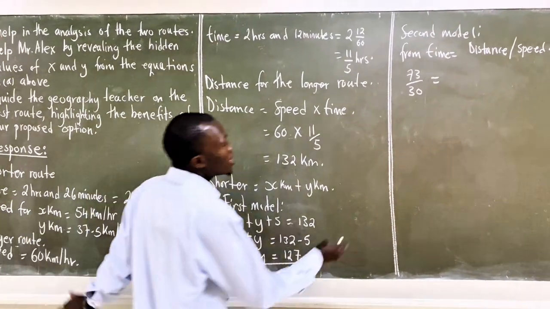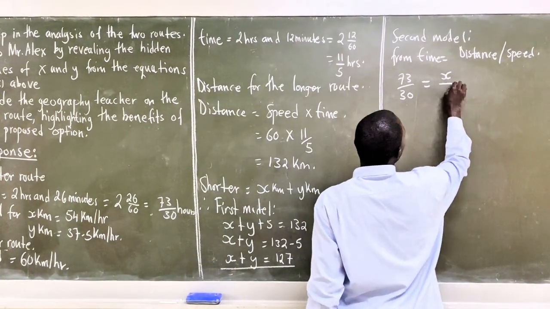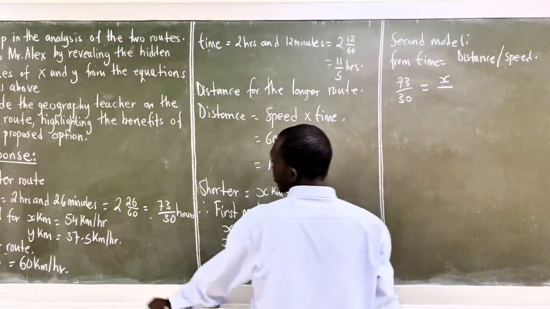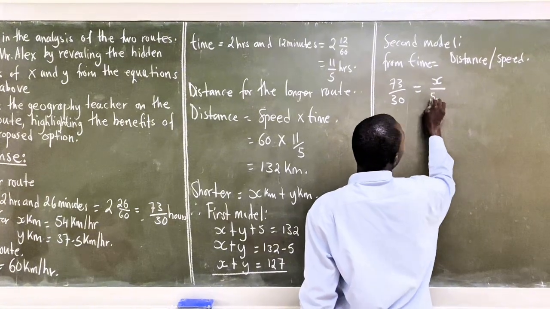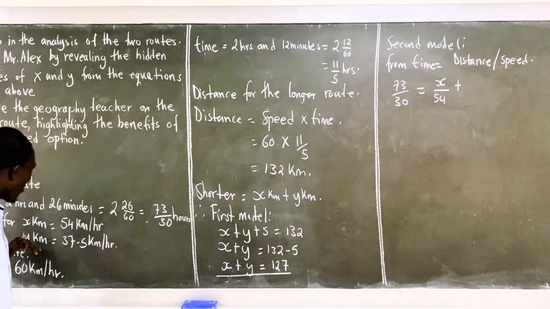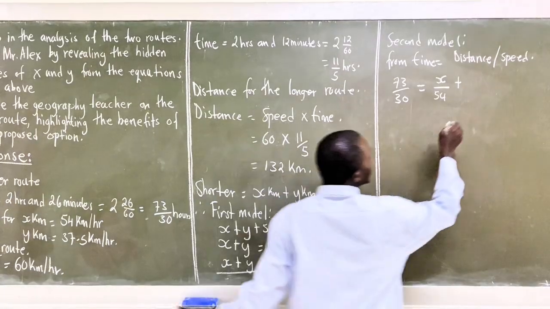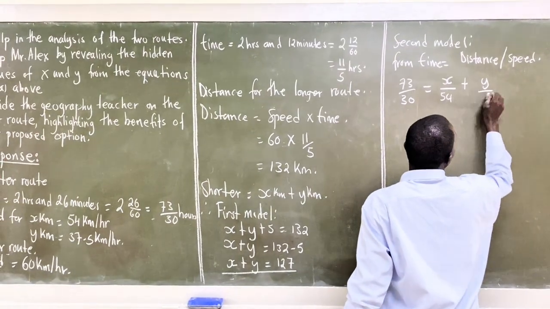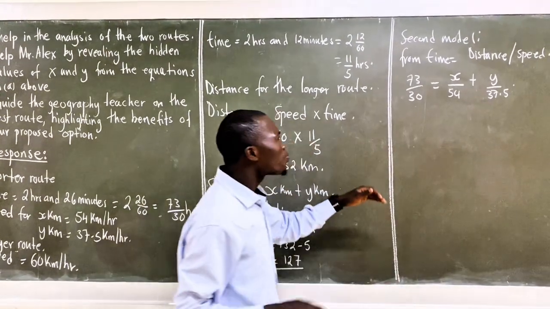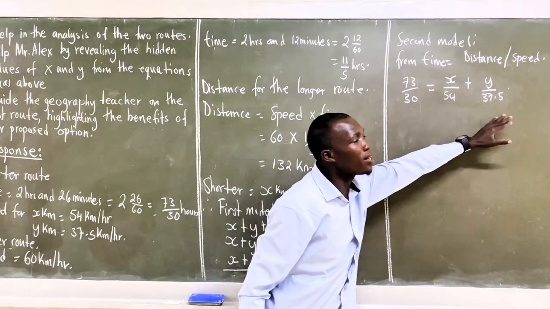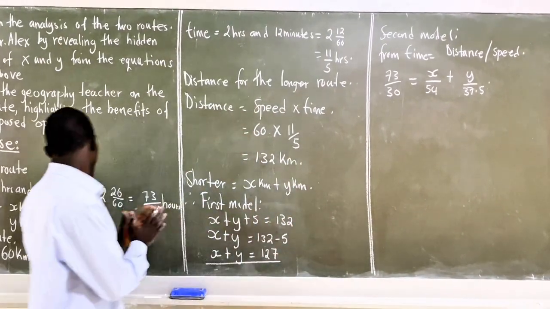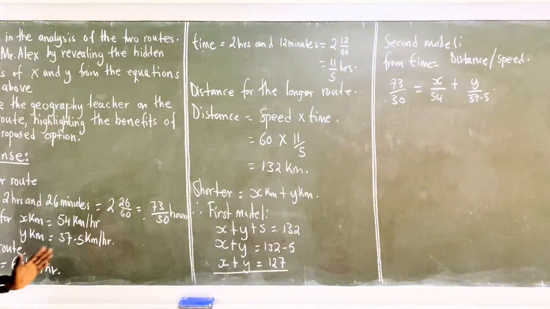So the first one is x, when we divide it by the speed, which is 54, then plus, we now go for the one for y, which is y divided by 37.5. Now, ideally this would be our second model in terms of total time taken to travel the shorter road.